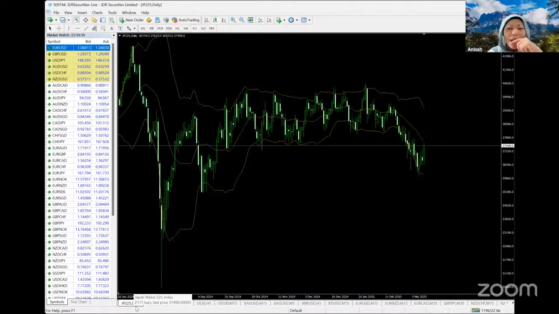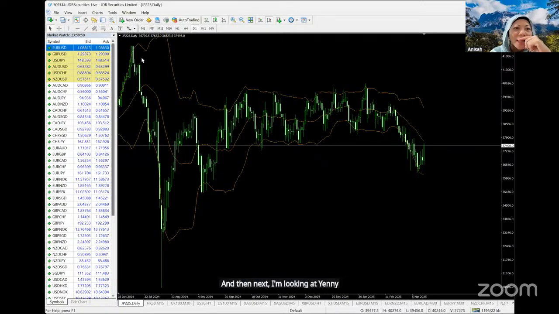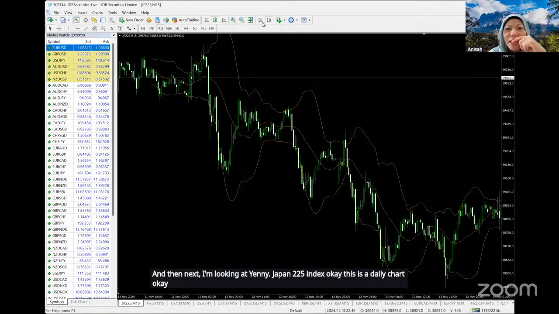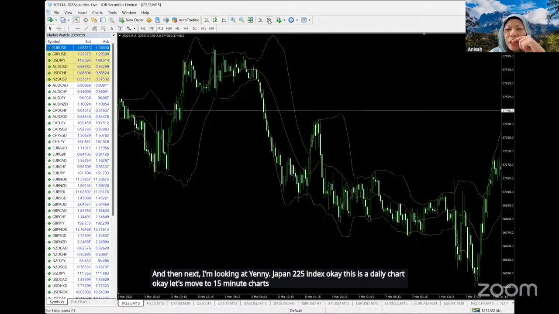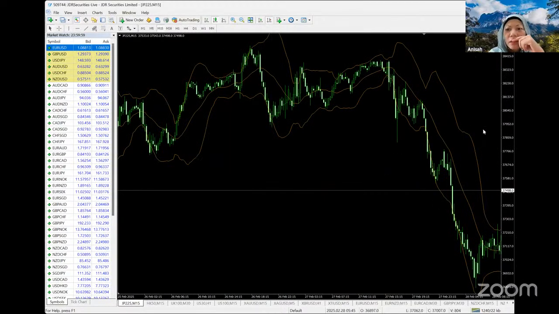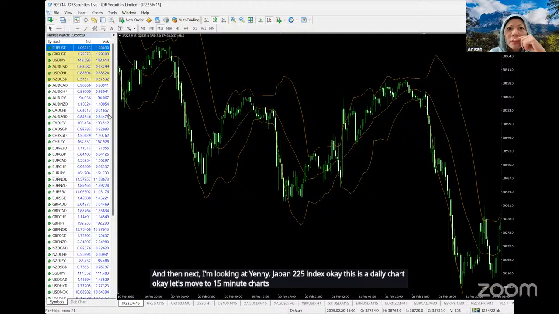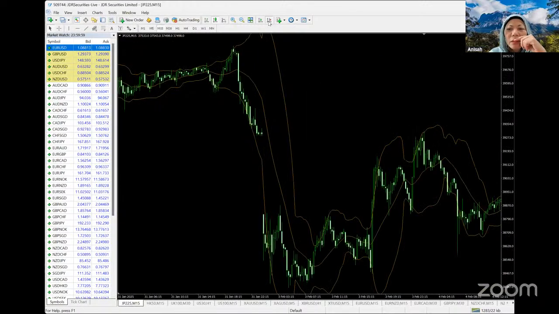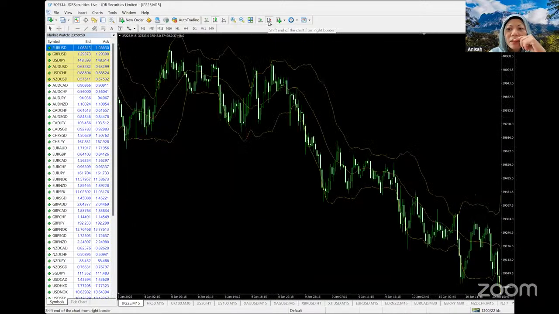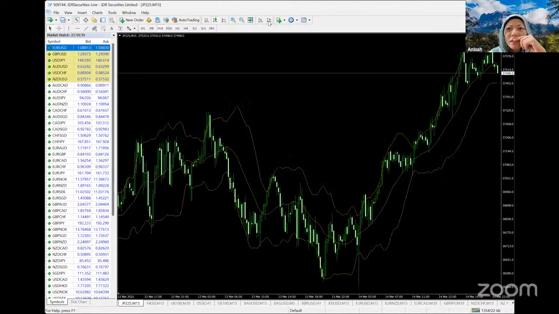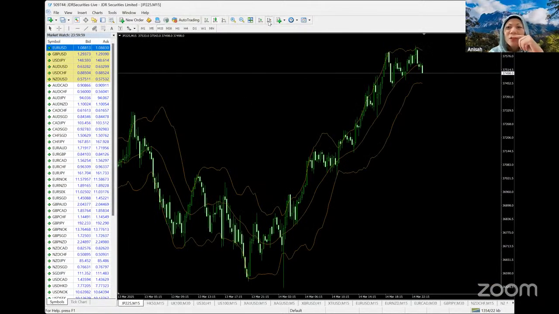And then next, I'm looking at yen, Japan 225 index. This is a daily chart. Let's move to 15-minute charts. Okay, there you go.